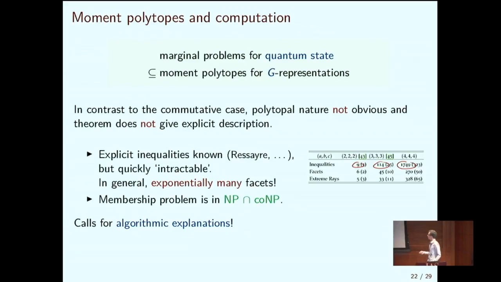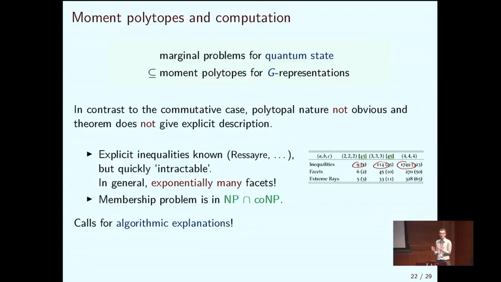Okay. But what's the point? We can summarize what we learned. These special marginal problems of pure quantum states that we cared about, we can interpret in this much more general context of moment polytopes for representations of non-abelian groups. But in contrast to the commutative case, the fact that these are polytopes is not at all obvious.